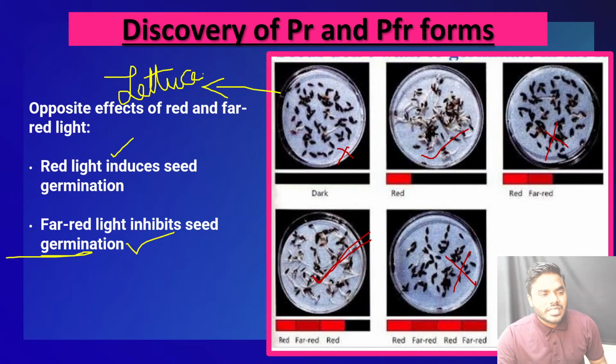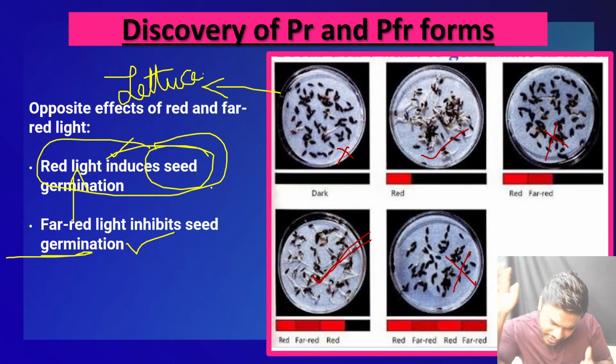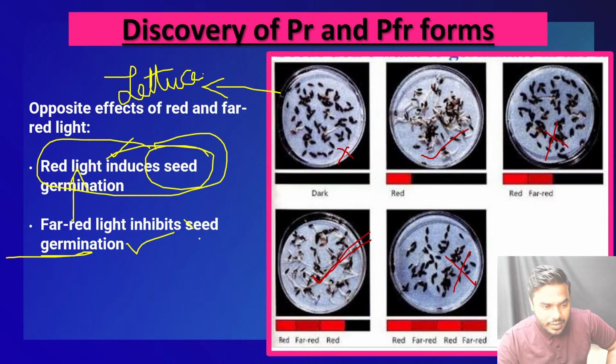For example, red light induces seed germination, it allows the seed to get germinated. Far red light acts opposite to the red light, so it never allows the seed to get germinated. Even if the seeds are already germinated, it will inhibit the process. That's why both are opposite to each other.